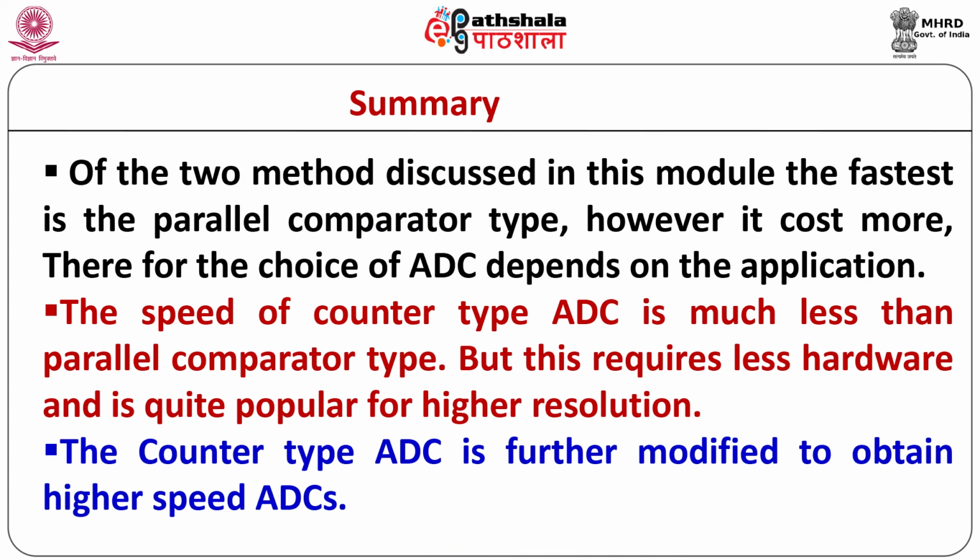This is a straightforward method of converting analog signal into digital form, which is basically used whenever we require higher resolution, but the drawback of this is conversion time, and hence a compromise has to be made. Whether to use a parallel comparator type method or a counter type method will be decided by the application. When we require a small conversion time, the parallel comparator type method is used, whereas when we require higher resolution, a counter type ADC is used.